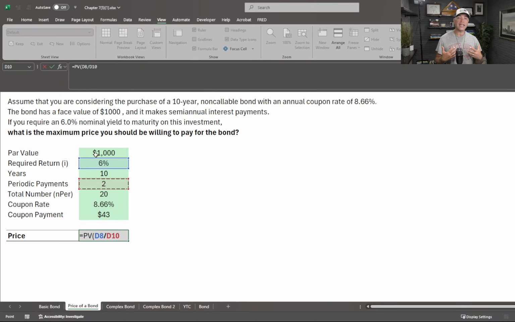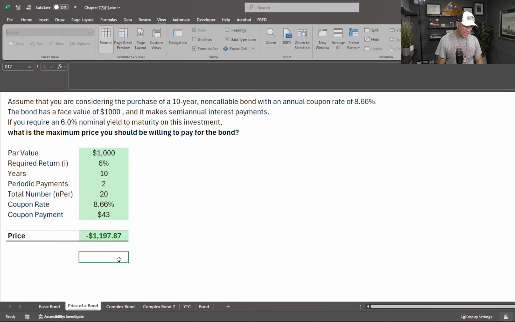Because if you don't do that, it assumes that it's 6% every 6 months, but we're not getting that. We require 3% every 6 months. Total number of payments, 20. Our PMT is 43. And then the future value is the par value. So the most we're willing to pay is $1197.87 for this one.